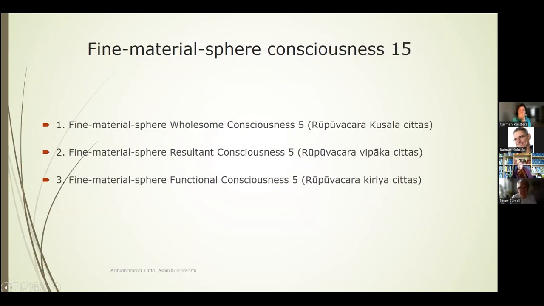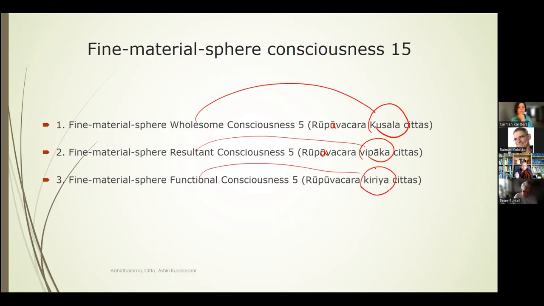There are 15 five material sphere consciousness, divided into three categories: five material sphere wholesome consciousness, rupavacara kusala cetasika, five material sphere resultant consciousness, rupavacara vipaka cetasika, and five material sphere functional consciousness, kiriya. Kusala means wholesome, vipaka means resultant, and kiriya means functional. So there are three groups.